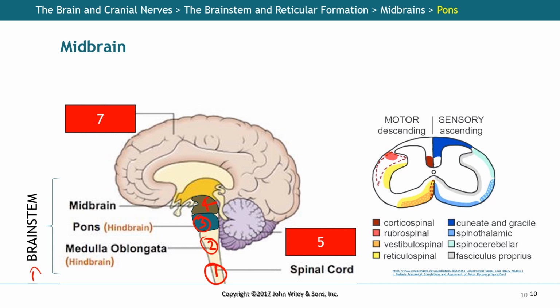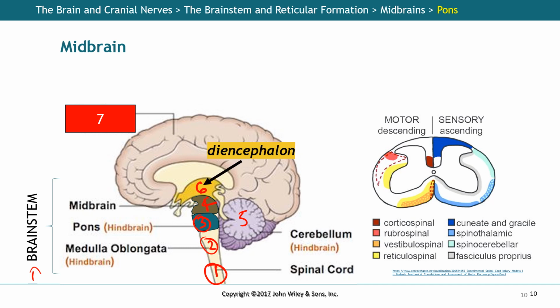In the following section, we will talk about the cerebellum, the diencephalon, and finally the largest part of the brain, the cerebrum.